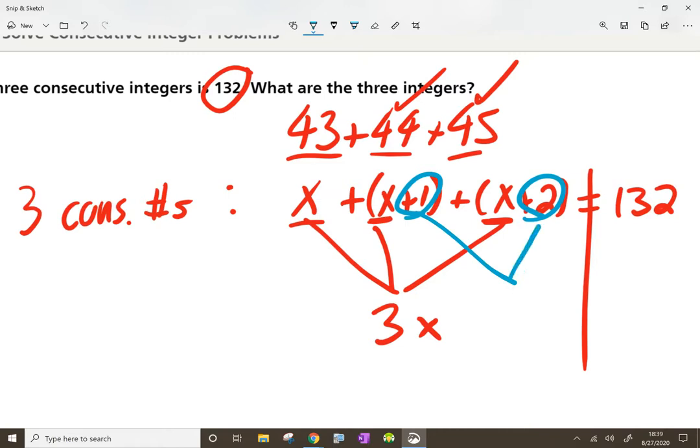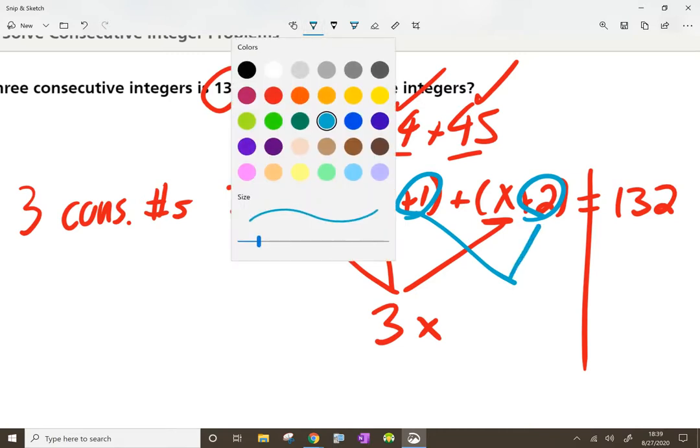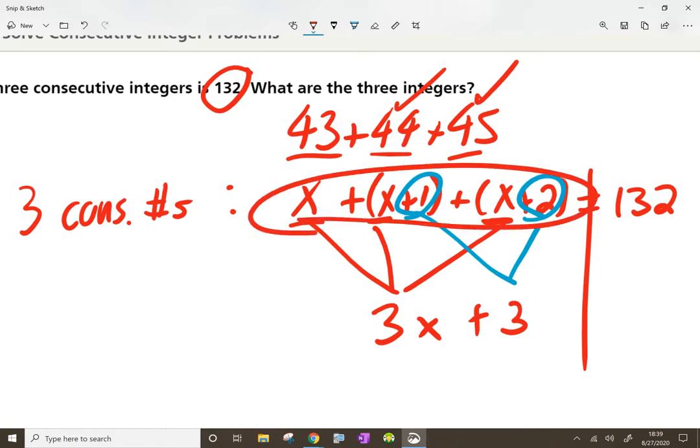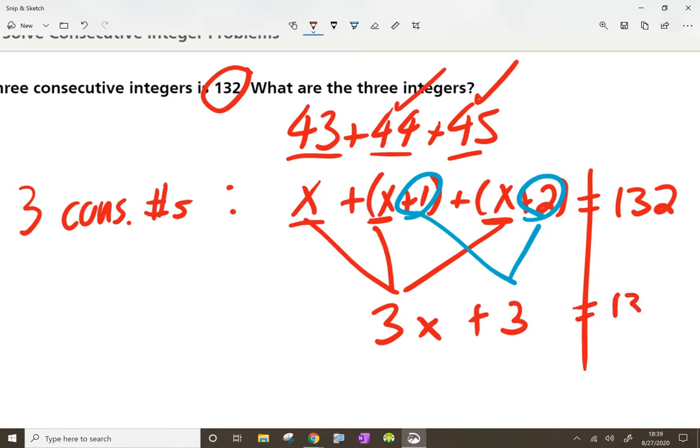If I'm adding 1 and I'm adding 2, 1 plus 2 makes 3, so that would combine together to be plus 3. So I just simplified that. With x plus 1 plus x plus 2, I simply combined the like terms in order to get 3x plus 3. And that's, remember, still equal to 132.